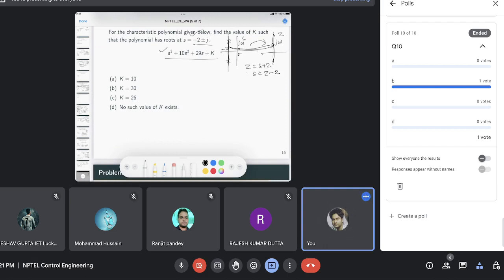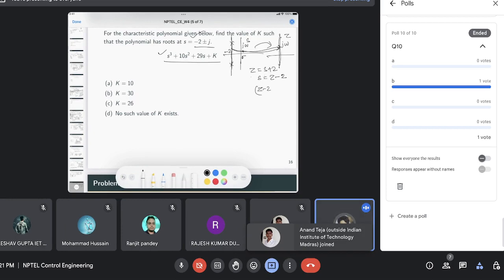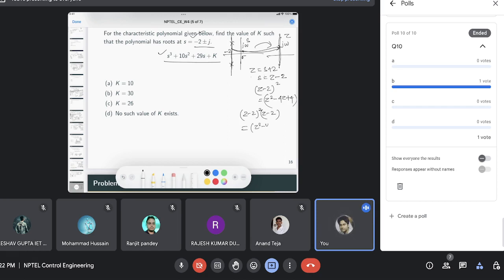So we have, I am writing in z, z minus 2 whole square. So it is z square minus 4z plus 4. So z minus 2 cube will be this into z minus 2. So it will be z square minus 4z plus 4 into z minus 2, equal to z cube minus 4z square plus 4z minus 2z square plus 8z minus 8.